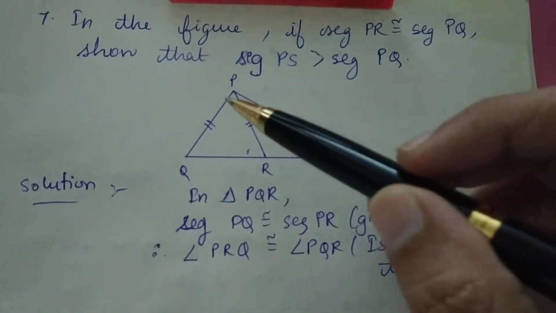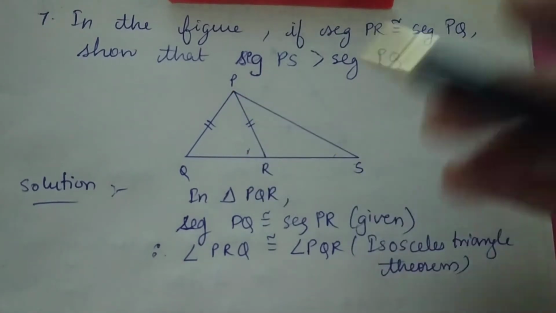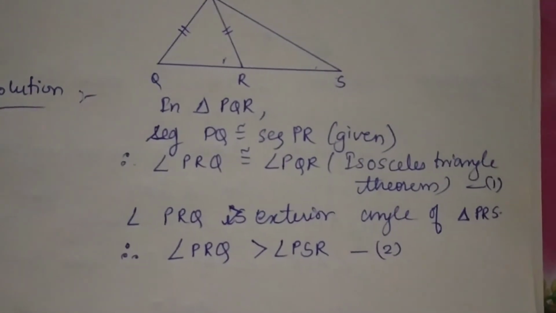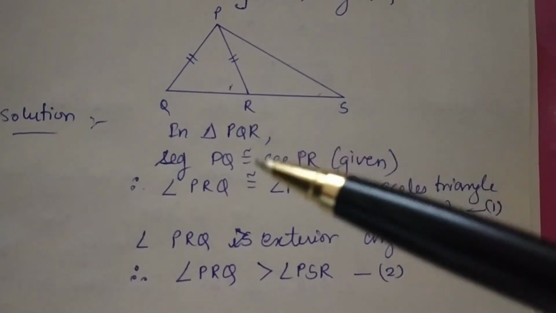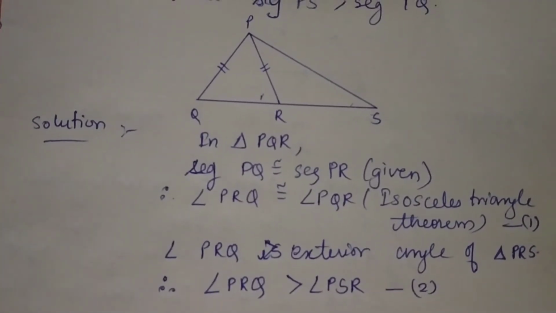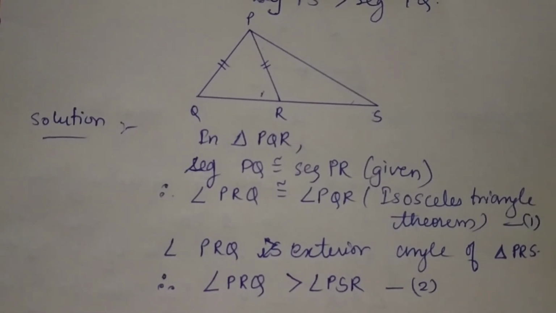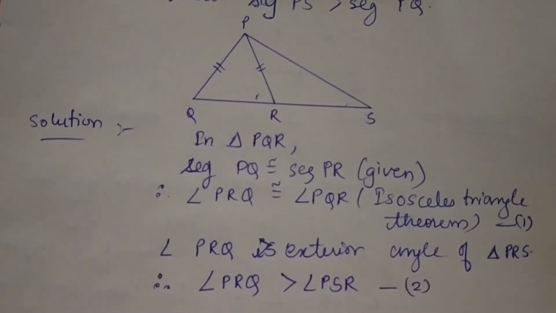Yes, so I'll say angle PRQ is greater than angle PSR. So now in the next step I'll say PRQ is an exterior angle of triangle PRS, and therefore PRQ is greater than PSR.